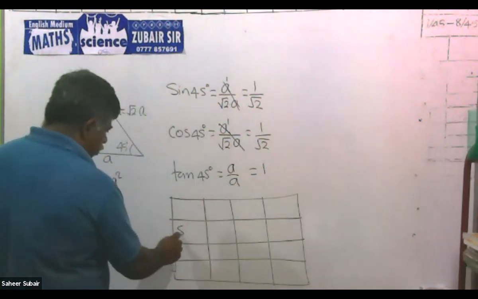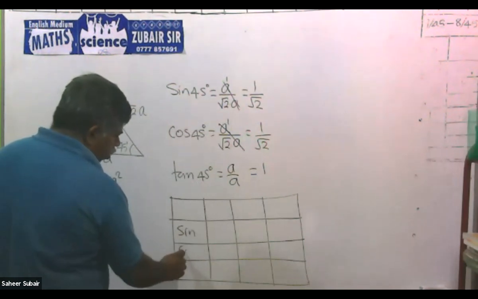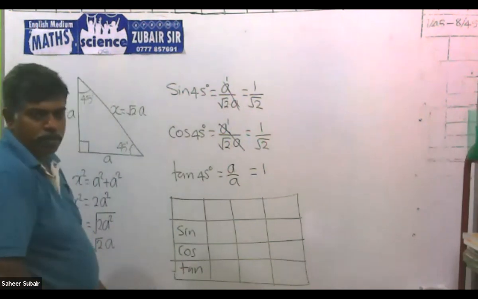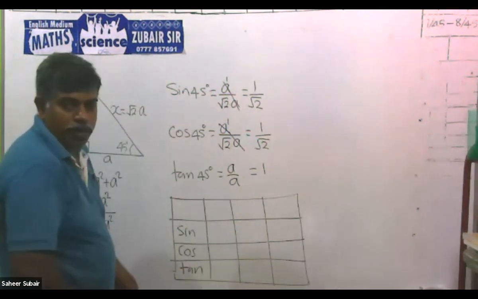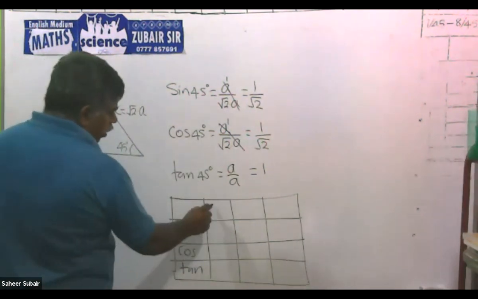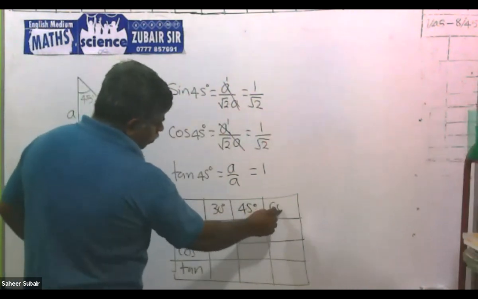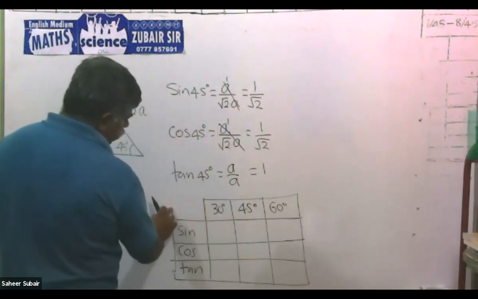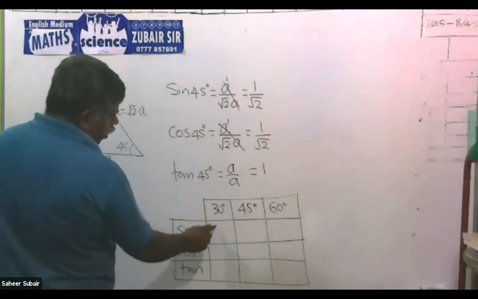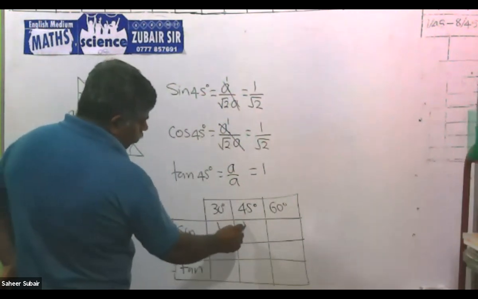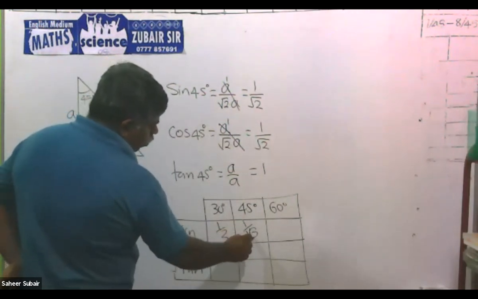So here, sine, cos, tan. Right? Then here, for 30 degree, 45 degree, 60 degree. Then sine 30 you obtain half. Sine 45 you are getting 1 over root 2.